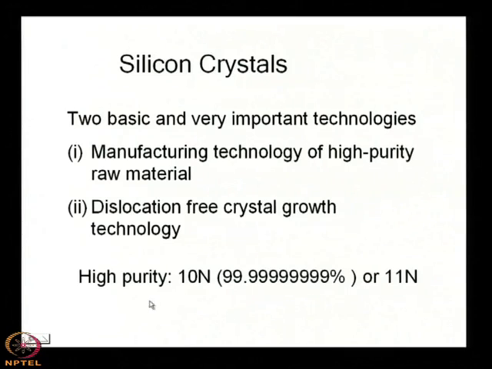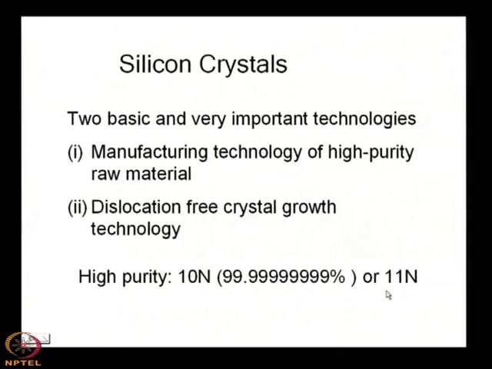And high purity means you see that there are 10 nines, that means 99.99999999%, which is known as 10N. Such kind of purification is required, very high purity material is required. Better if you can use 11N purity, that means 99 and then after the decimal 9 nines. Such kind of purification is possible only for silicon.